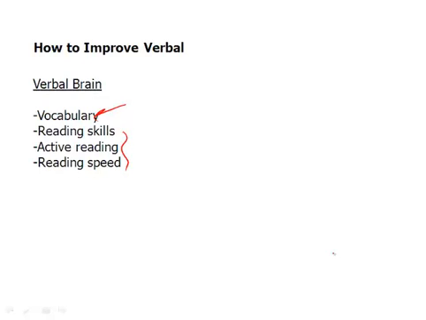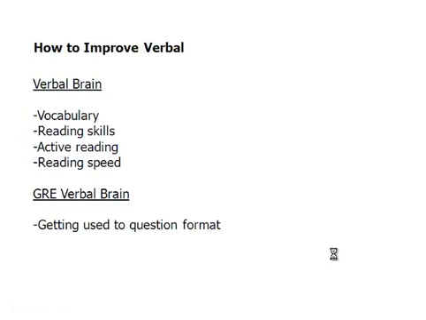So this existing verbal brain comes along and encounters something called the GRE verbal brain, which is slightly different. So you could be pretty strong at all of these, but if you first see a GRE question, you may be a little bit confused. So you want to get used to the question format. Getting used to it, you are growing your GRE verbal brain.